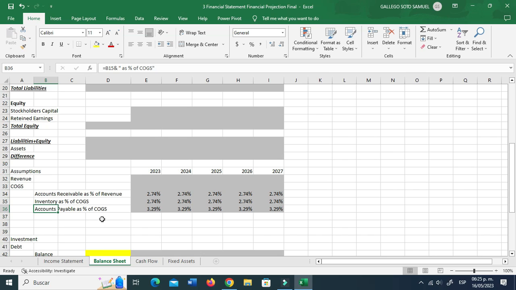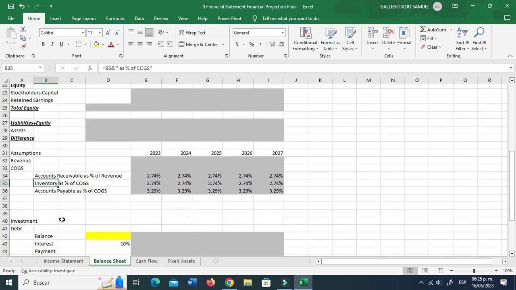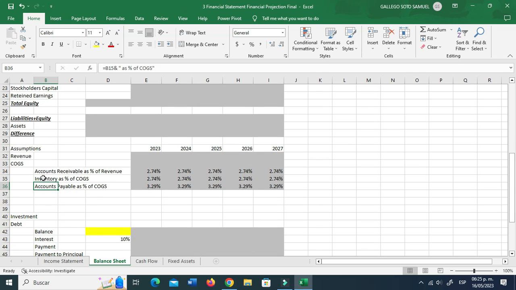Okay, so not everything is in terms of revenue, as you can see, because traditionally it makes more sense to use the cost of goods sold for the inventory and for the accounts payable. But nonetheless, if it works better for you, you can go ahead and do it in terms of revenue. There is no rule that you have to do this my way, but I'm just using the traditional approach.